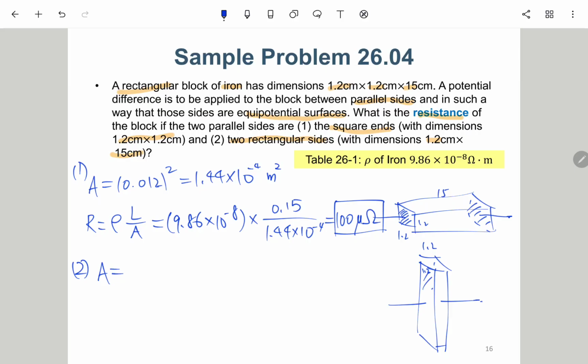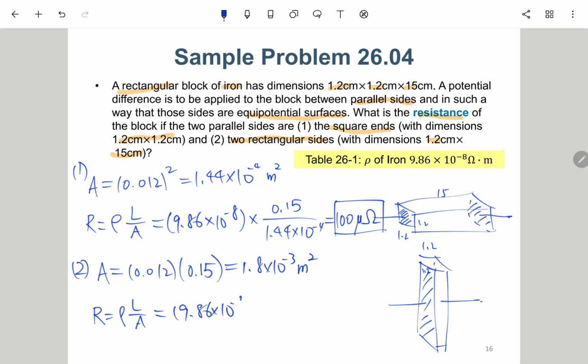For the cross-section area, it will be 0.012 times 0.15, which is 1.8 times 10 to the negative 3rd power meter squared. In that case, R will be rho L over A, which is 9.86 times 10 to the negative 8th power times 0.012, which will be the length, over 1.8 times 10 to the negative 3rd power.